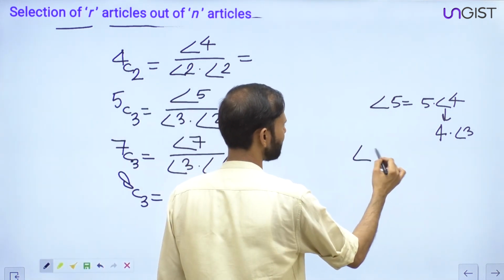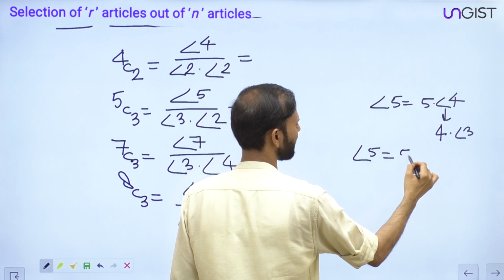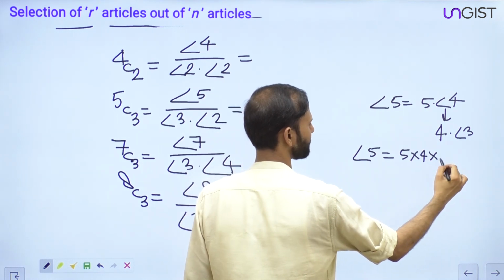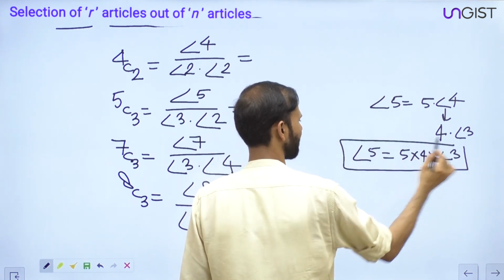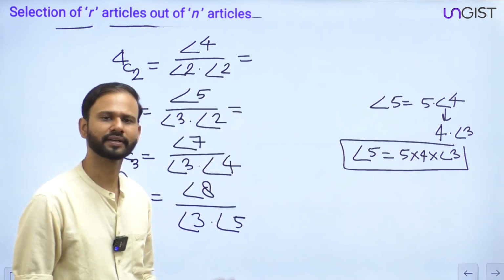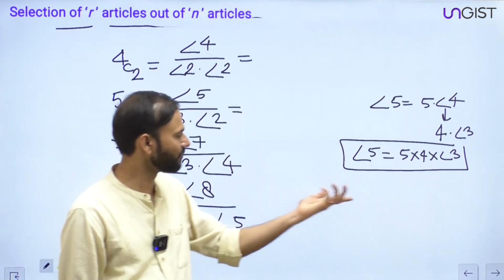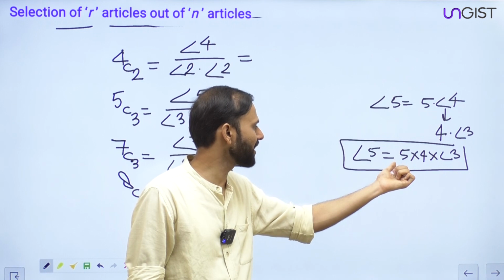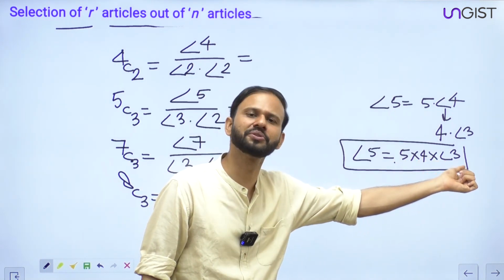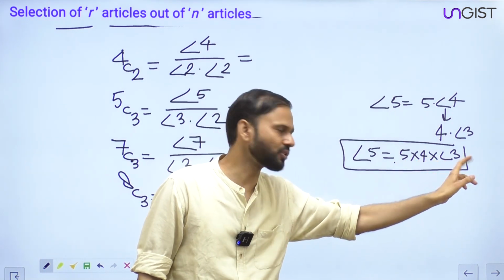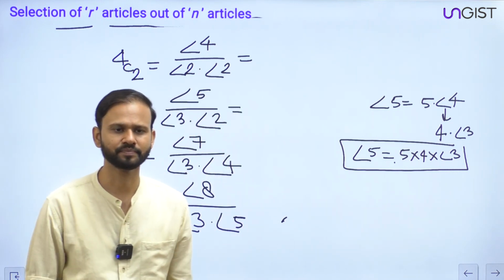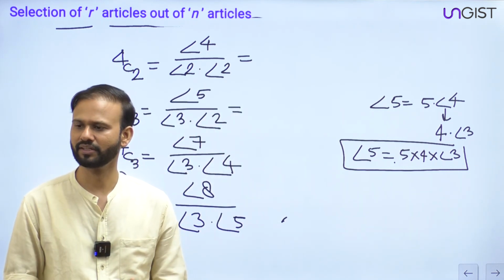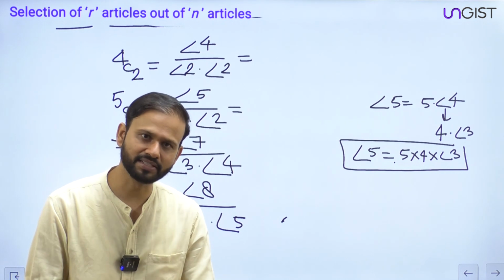So factorial 5 is equal to 5 into 4 into 3 factorial. Guys, it is okay. Can I write it like this? Obviously I can write it like this. Why? Because this is 5 into 4 and this is 1 into 2 into 3. So this is the product from 1 to 5. Yes or no? Right? I can write it like this.